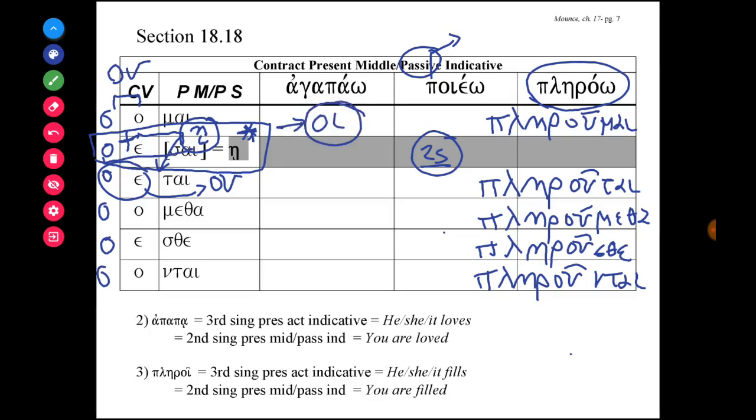This is one of your little two rules. So go back to your little two rules if you forgot. So the form here would be pleroi with a circumflex. And these are the forms. So let's say the forms for the present, middle passive indicative for plerao all together. Ready? 1, 2, 3. Plerumai, pleroi, plerutai, plerumetha, plerusthe, pleruntai. And that's the present middle passive indicative forms.